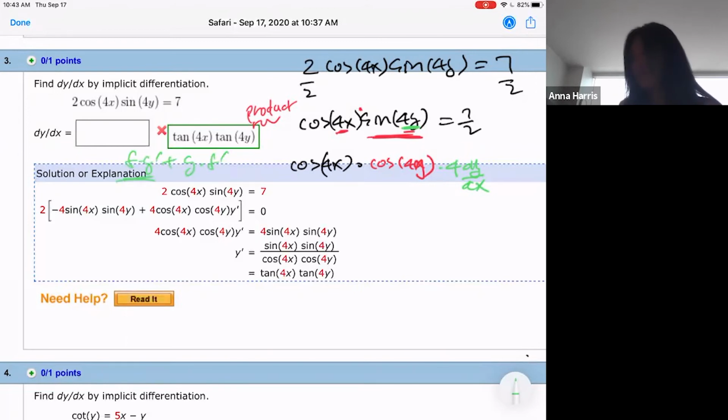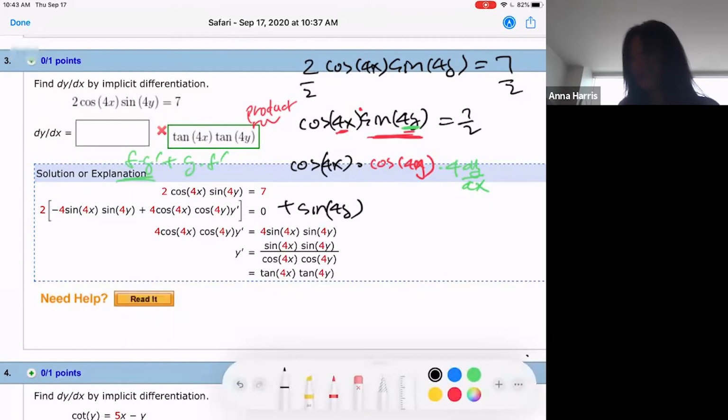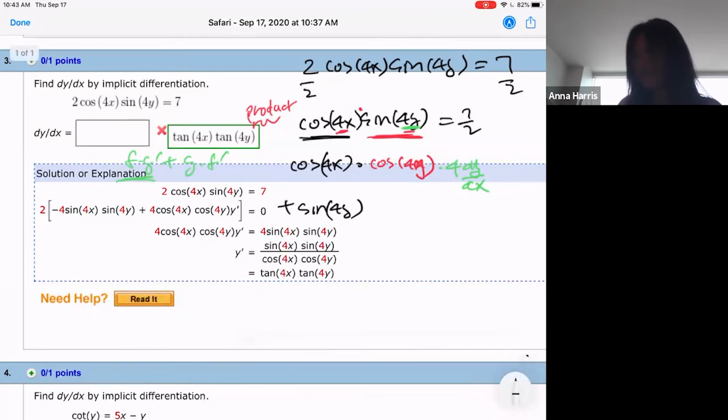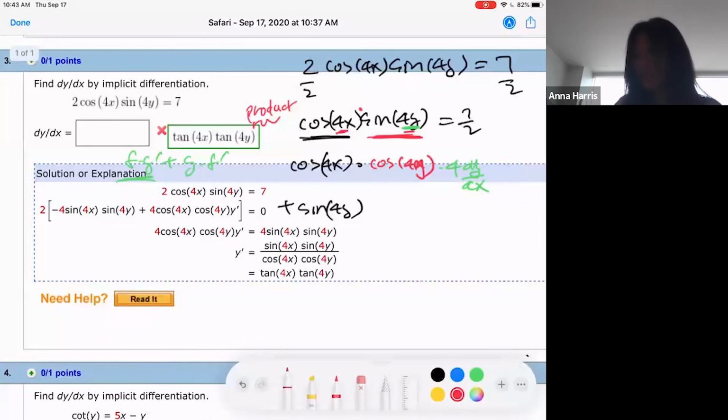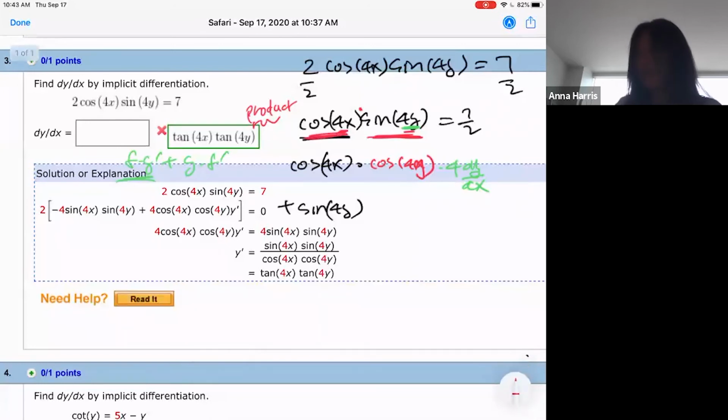Next one. Plus sine 4y. Now this time let's take a derivative of this one. Take a derivative of a cosine, which is what? Negative sine 4x. Remember to take a derivative of the 4x. What's the derivative of 4x? Simply 4. Okay.